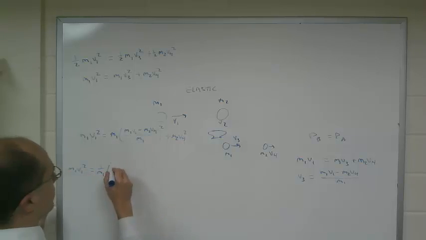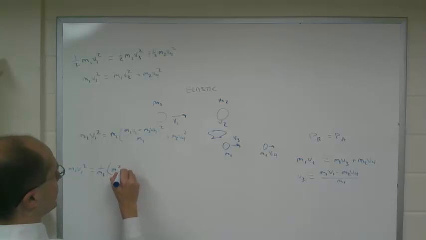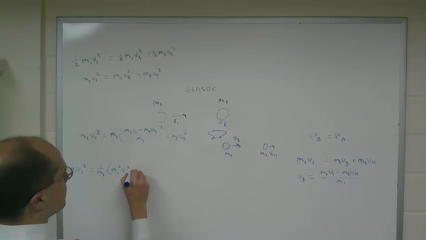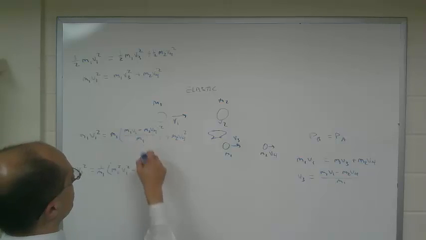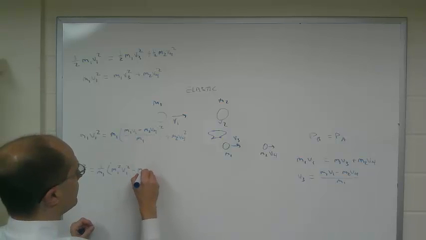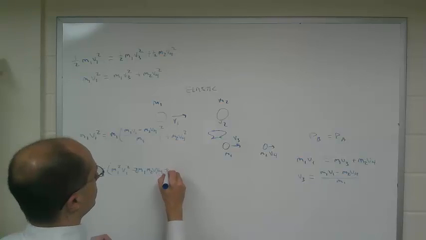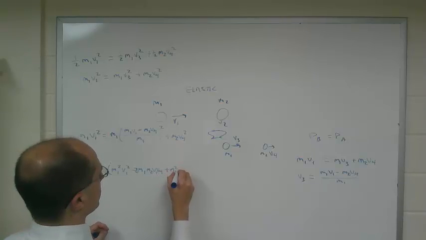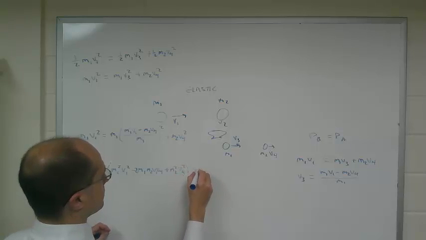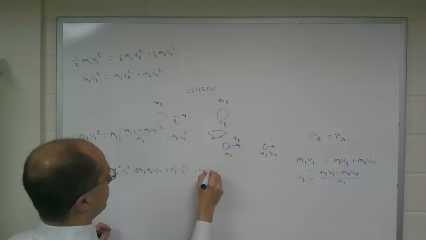And then we have M1 squared V1 squared minus, when we multiply these out, 2 M1 M2 V1 V4, then plus M2 squared V4 squared, plus our M2 V4 squared.